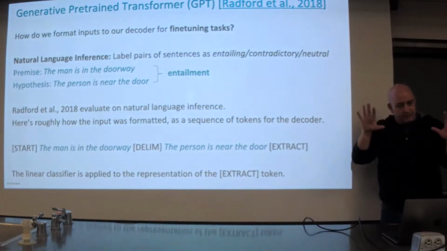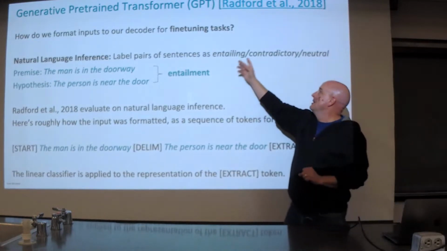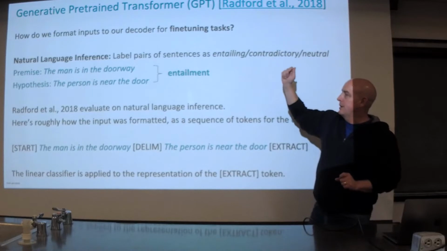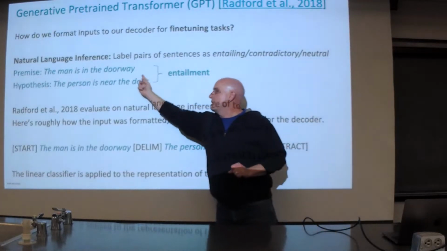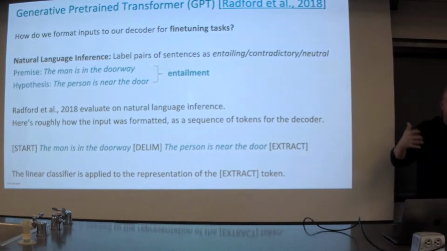If it's not entailed, it might be contradictory, so the two can't possibly follow from each other. Or it's neutral, in the sense that neither one entails the other. This is an interesting task.